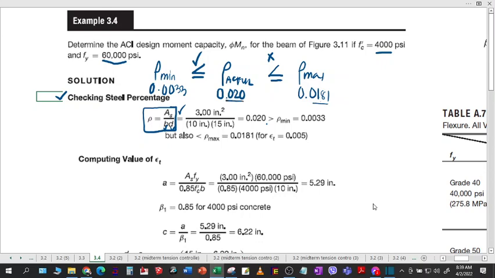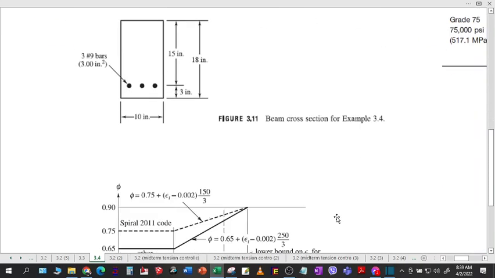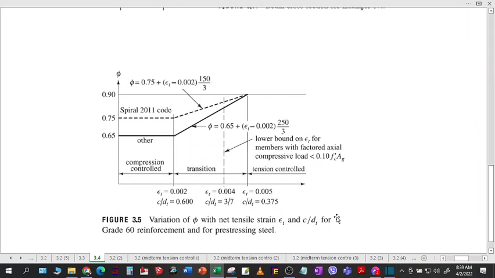And there is a gray area between compression controlled and tension controlled. That is the transition zone. If we look at this graph here, the x-axis is the strain in tension or steel, and this one is the strength reduction factor.